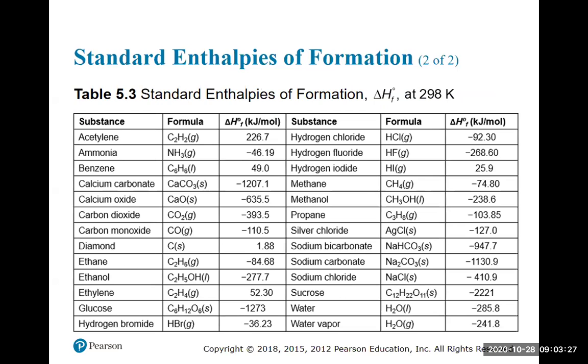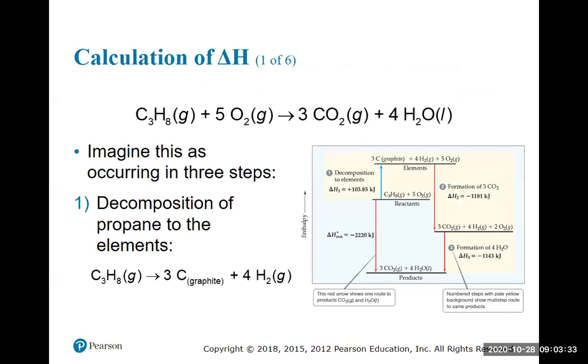And we were just given some values here so you could get a feel for what the range is, pretty big range. But here's the part we want to get to. So if we wanted to calculate delta H for this reaction, we're taking propane and reacting it with oxygen to form CO2 and H2O.